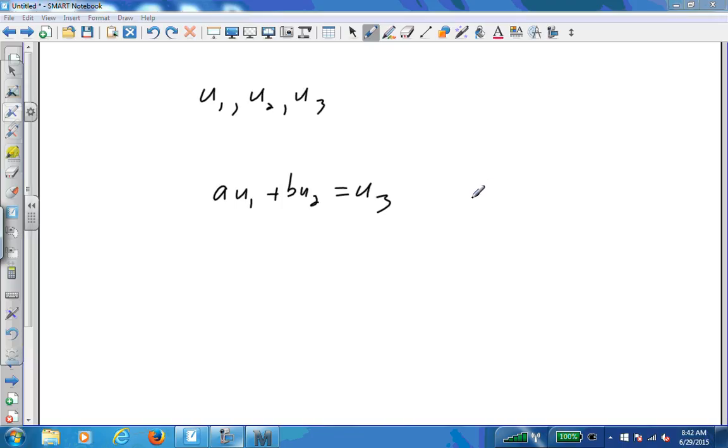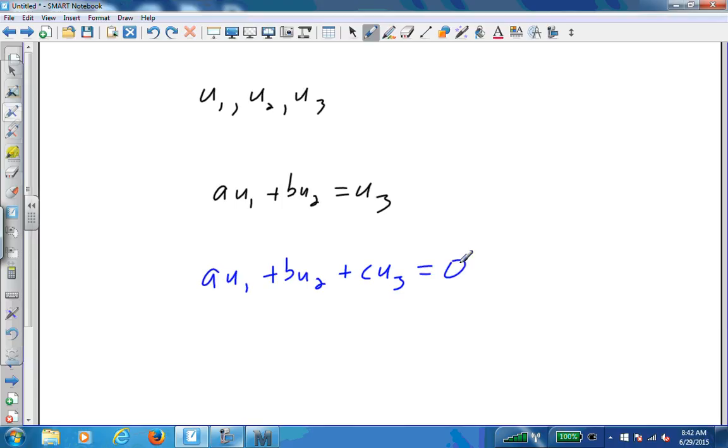So instead of solving our system in this form, what actually turns out to be easier is to subtract this from both sides, and let's give it a scalar. And since our scalars could be either positive or negative, let's just call that plus c.